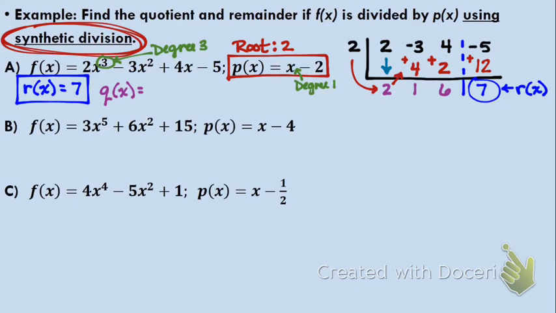I took a degree 3 and I divided it by a degree 1, so it's going to go down 1 degree. So this is going to be my x squareds. This is going to be my x's. This is going to be my constant. So q of x is going to be 2x squared plus x plus 6.